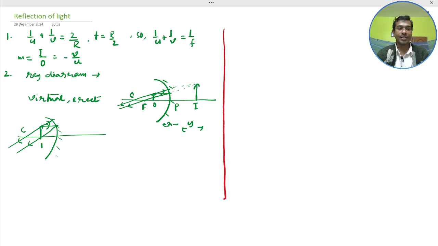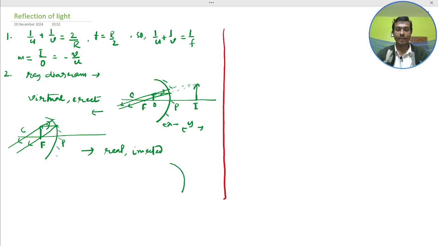This is C and this is the focus F. So for an object at focus, the nature of the image is real and inverted.